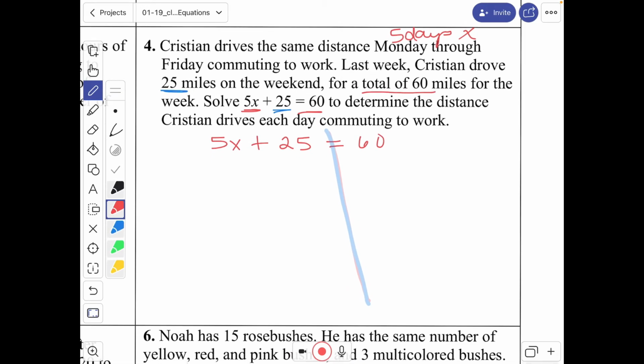So first we undo the addition. So we subtract 25 on both sides. When we do that, those cancel and 5x is by himself.